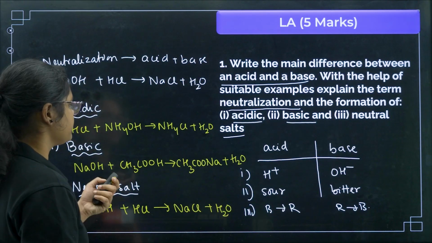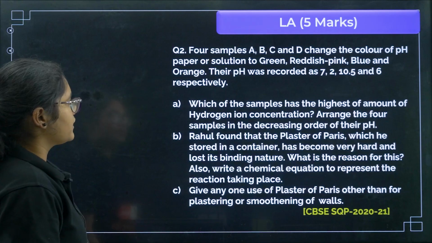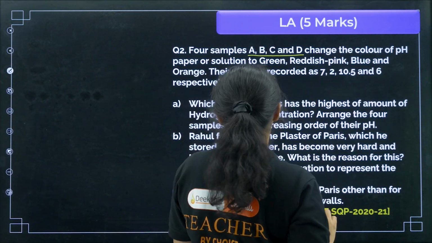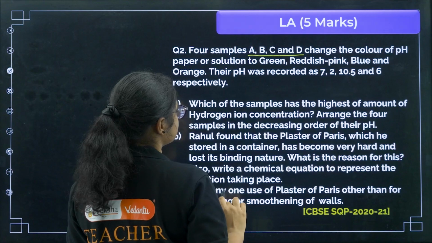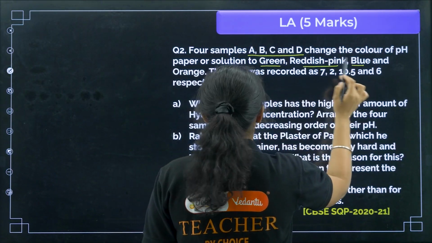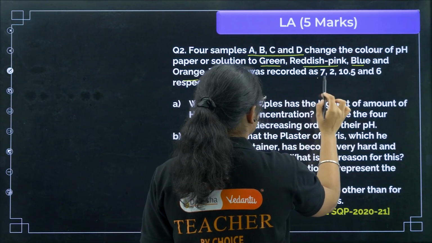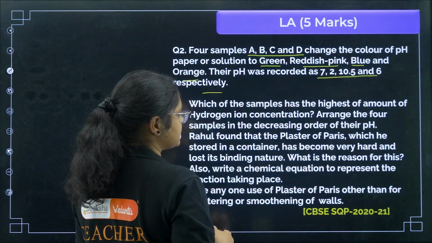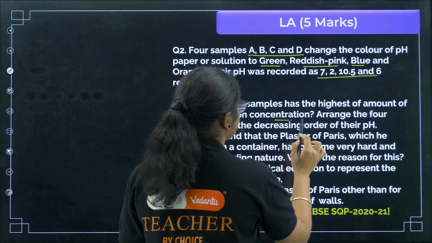Okay, that is there. Next, coming to question number 2, 4 samples A, B, C and D change the color of the pH paper or solution to green, reddish pink, blue and orange. Their pH was recorded respectively. Which of the following samples has the highest amount of hydrogen ion concentration?